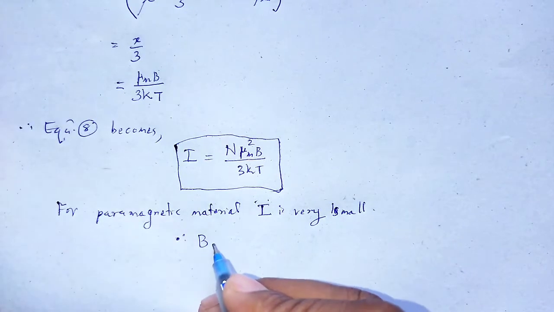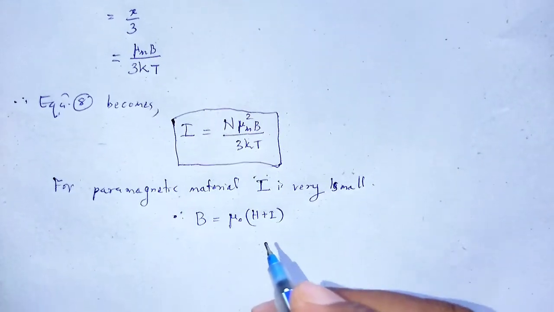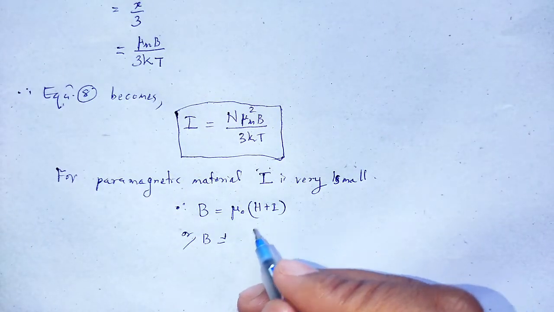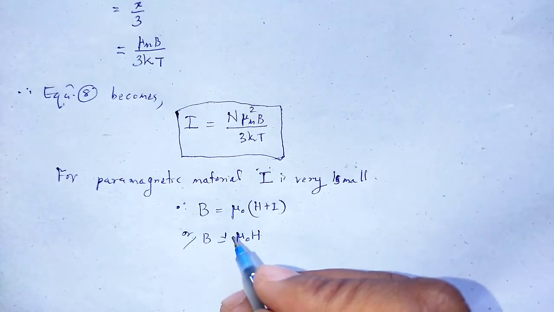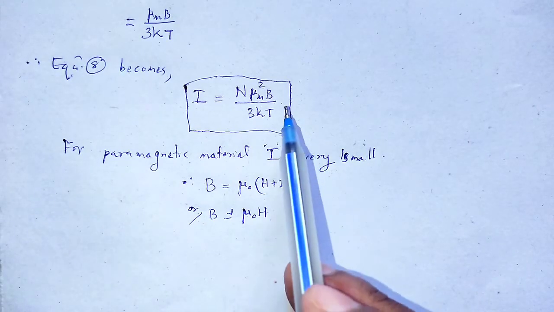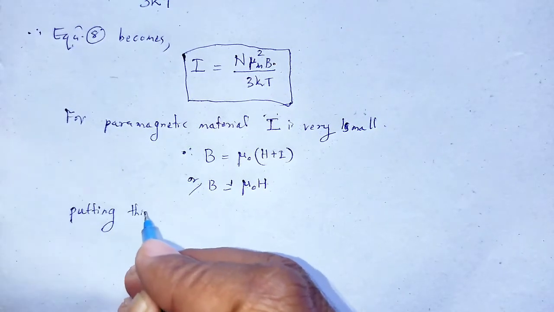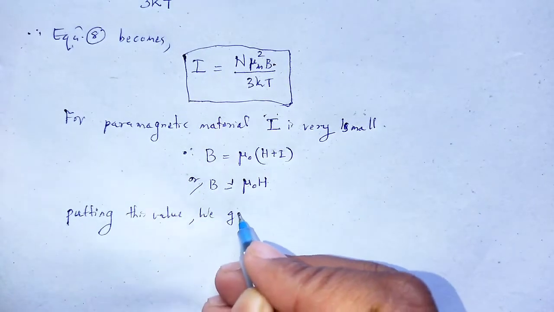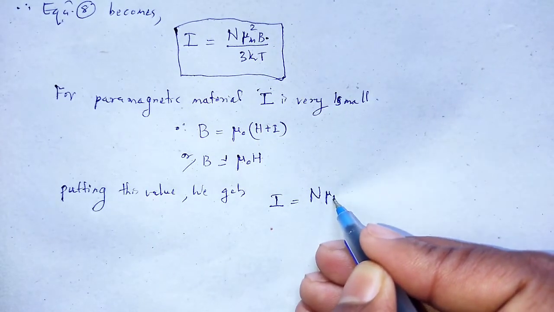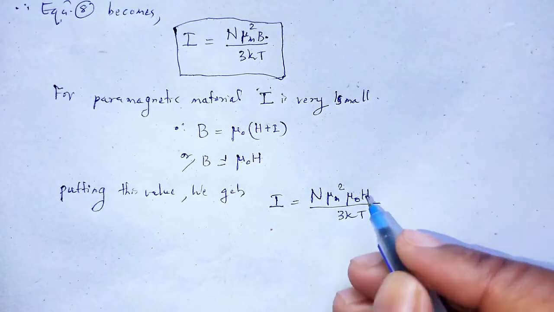Therefore, the magnetic field B is equal to mu naught (H plus I), that is nearly equal to, since I is very small, we neglect the intensity of magnetization, so it will be mu naught H. Putting that value in the case of B, we get I is equal to n mu m square mu naught H divided by 3 kT.